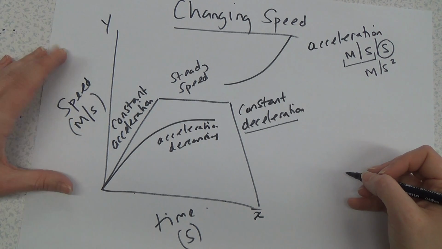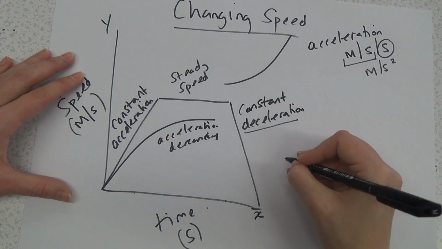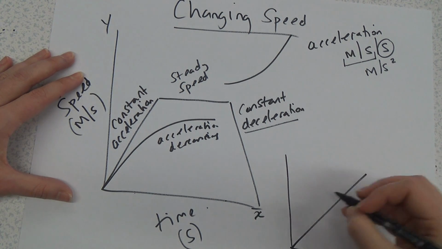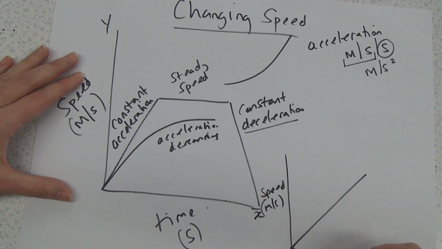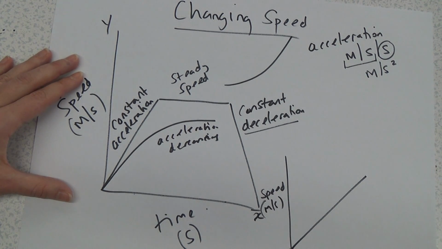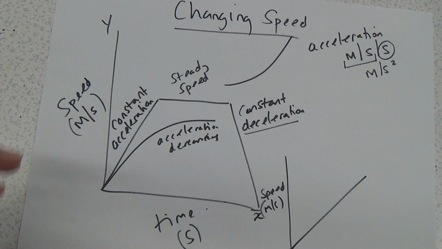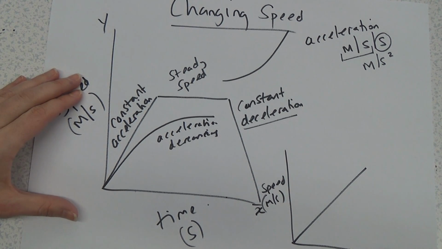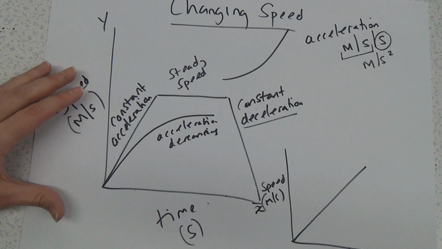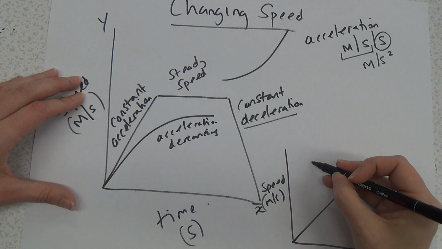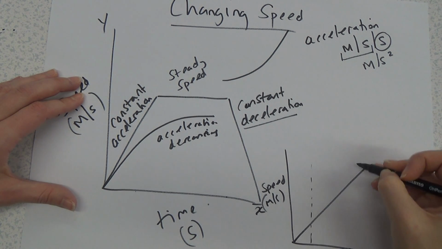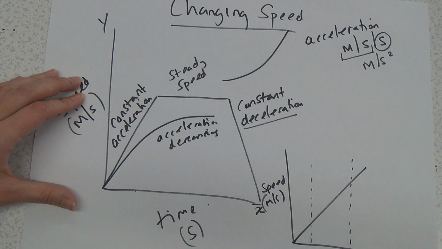In fact, you won't be asked anything else. So let's say we have a graph and we have a line, and we've got speed in meters per second and time in seconds. What you can do is work out the acceleration using the acceleration equation. For this particular section on the graph, sometimes they might divide it up and label a part of it, for example, A, but you can deal with this in pretty much the same way.